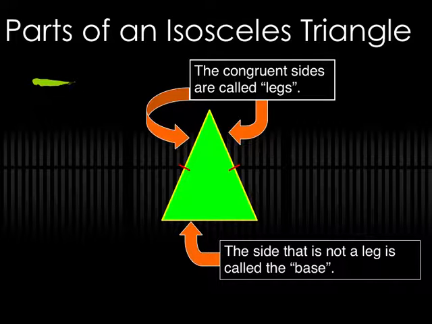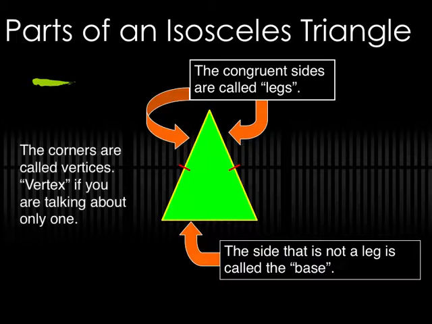We got a bunch of angles here. This angle up here is commonly called the vertex angle, even though they're all angles that are vertices. For an isosceles triangle, the vertex is usually the corner at the top. We've used the word vertex before, right?